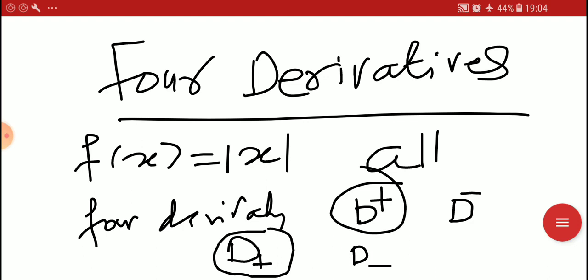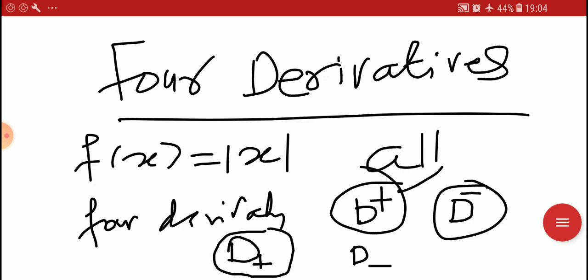Plus means right, minus means left. Plus as a superscript means upper, plus as a suffix means lower. Similarly, D⁻, with superscript minus, is called the upper left derivative, and D₋, with suffix minus, is the lower left derivative. These are the four derivatives.